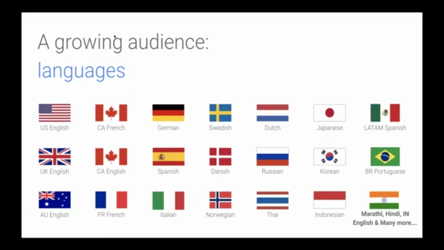These are the different languages that the AOG platform currently supports, and many languages are being added on a monthly basis. The team is adding languages very rapidly, so you can choose your country and build your actions according to the native language as well. In India we have Hindi, Marathi, and English, which are trending, so we have marked these languages on the slide.